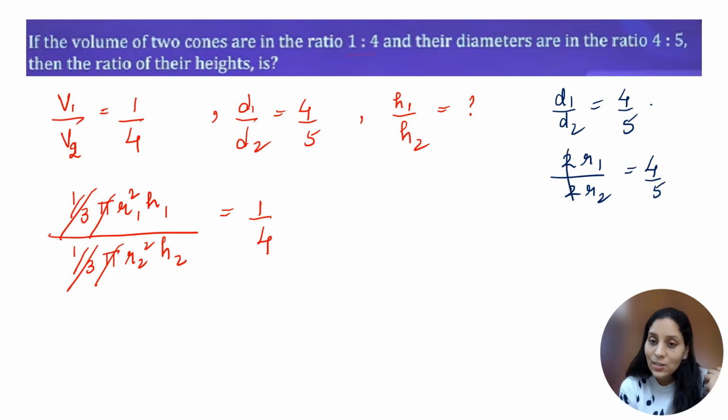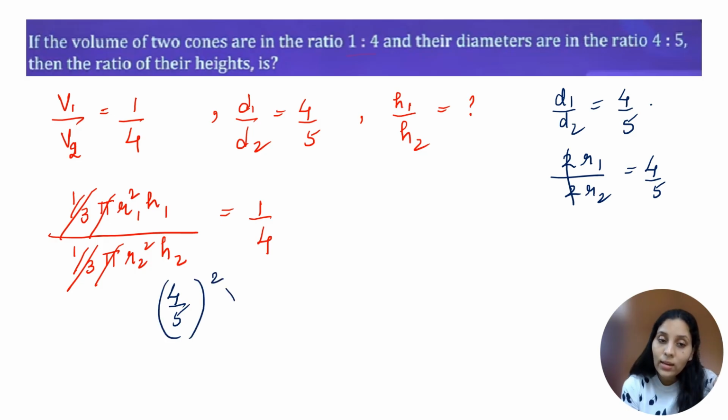So if I cancel 2, I get r1 by r2 as 4 by 5. So r1 by r2 square, so here comes 4 by 5 whole square into h1 by h2, which is what we need to find, is equal to 1 by 4. So 4 square is 16 by 25 into h1 by h2 is equal to 1 by 4.